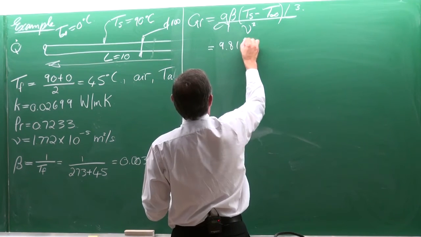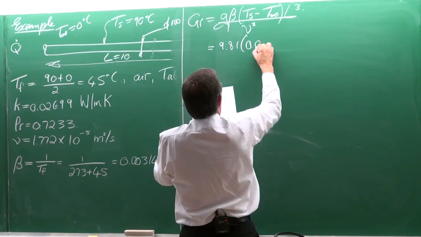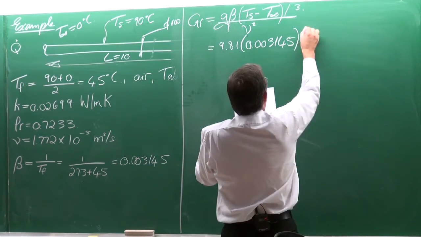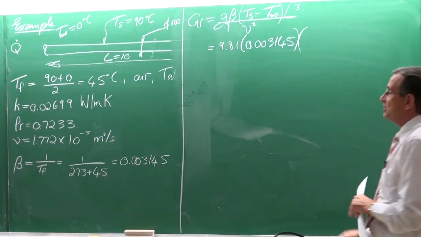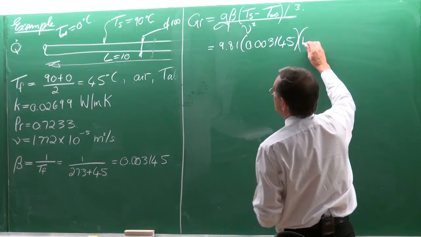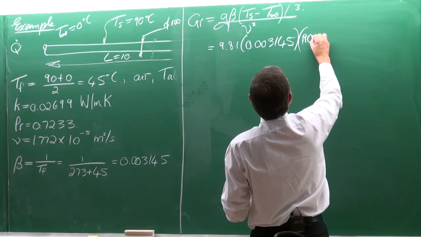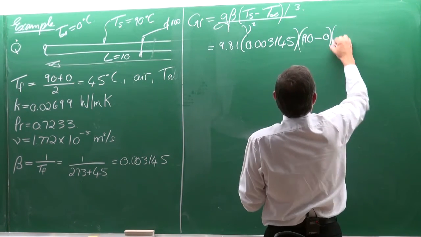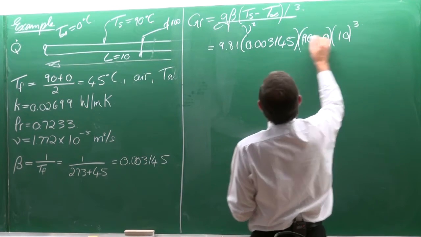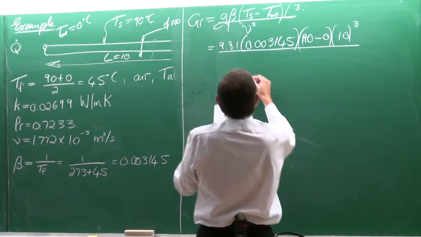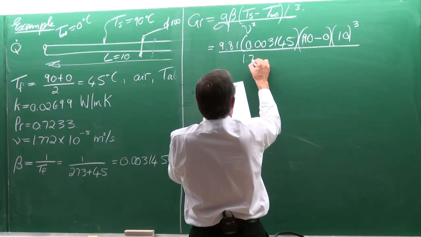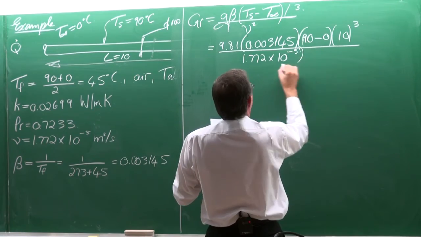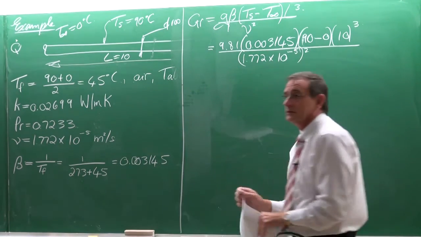It's 9.81 multiplied by beta, 0.003145, multiplied by the temperature difference. The surface temperature is 90, minus 0, divided by the length, 10 to the third, divided by the kinematic viscosity, and that is equal to 1.772, multiplied by 10 to the minus 5 squared.